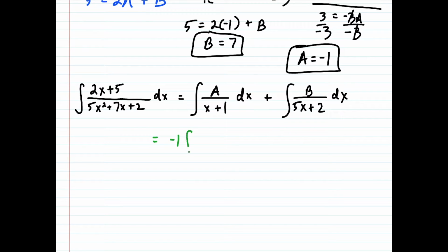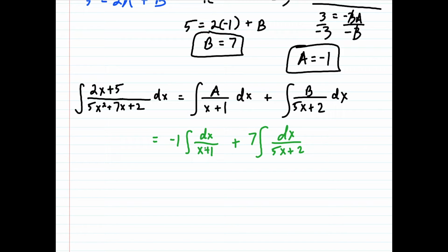We'll have -1 times the integral of dx over x plus 1. And now we have plus b is 7, which we could bring outside the integral, and we'll have dx over 5x plus 2. Now, these are both u-sub situations, but they're questions that you could do in your head with enough practice.